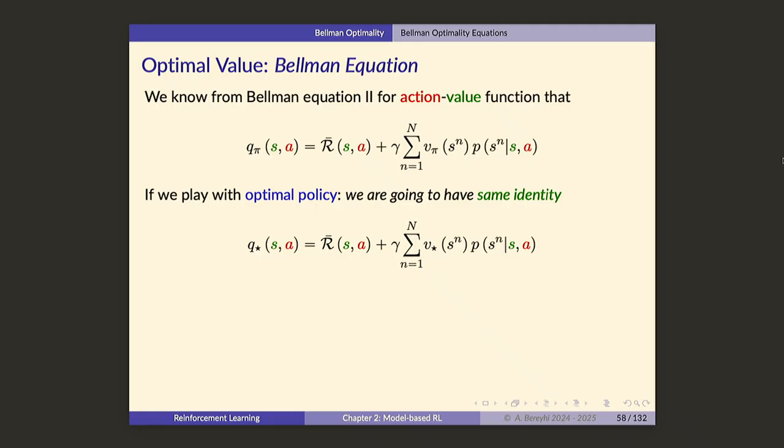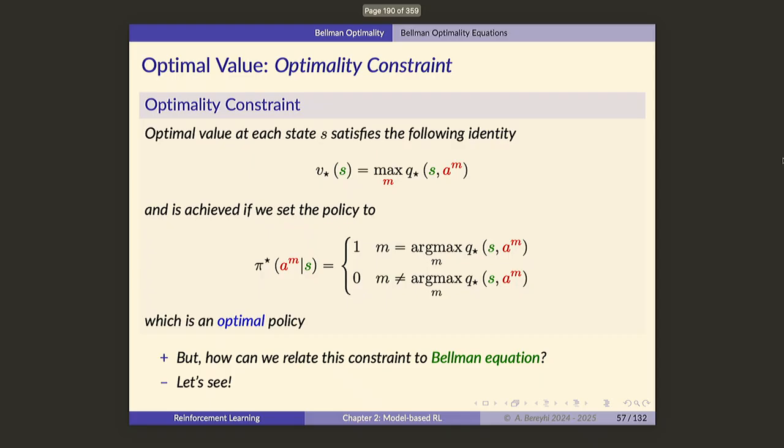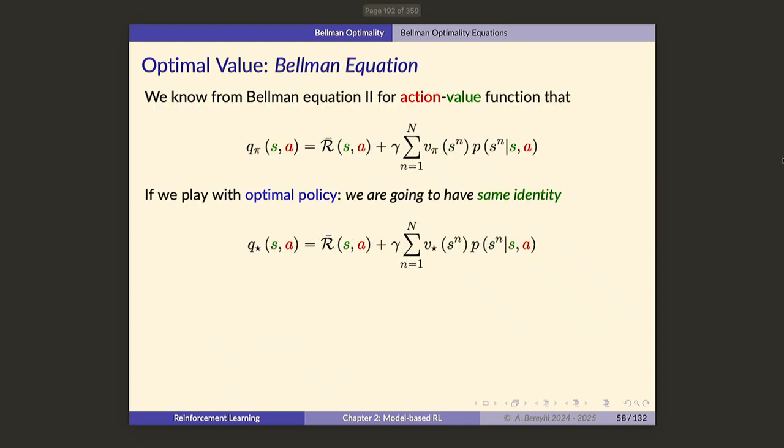And then I told you before, can I write down V star in terms of Q star? Yes. The optimality constraint tells me that if you know Q star, you know V star. Everybody agrees? So I'm going to say this is Q star, and if I maximize it over all A values, this is going to give me V star.